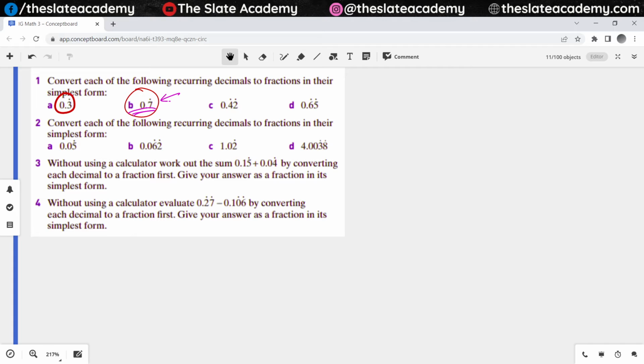So for this 0.05 recurring, we will first say x is equal to 0.0555, and then I will get the other equation, which could be 10x. I can use 10x or I can use 100x, whichever. Let's say 100x I use.